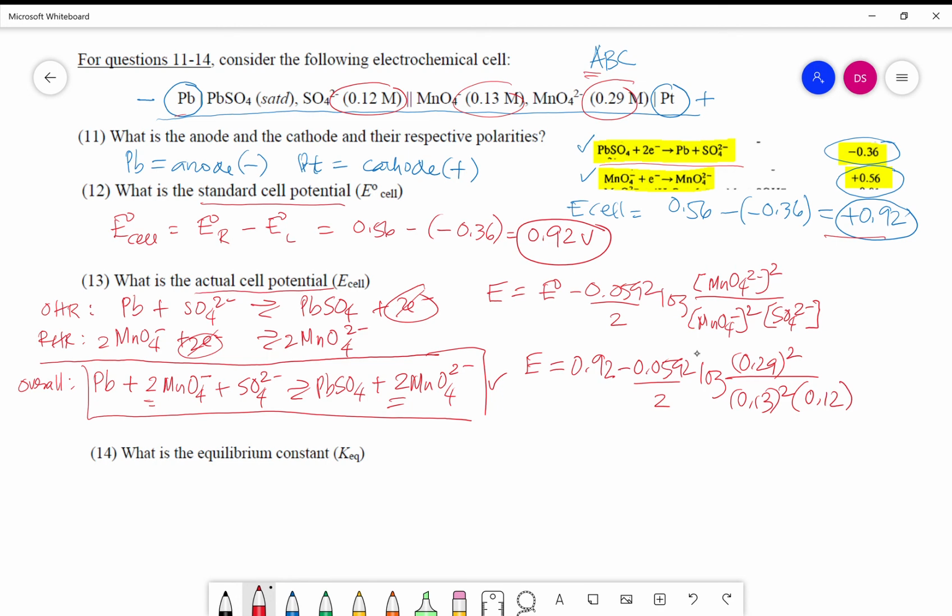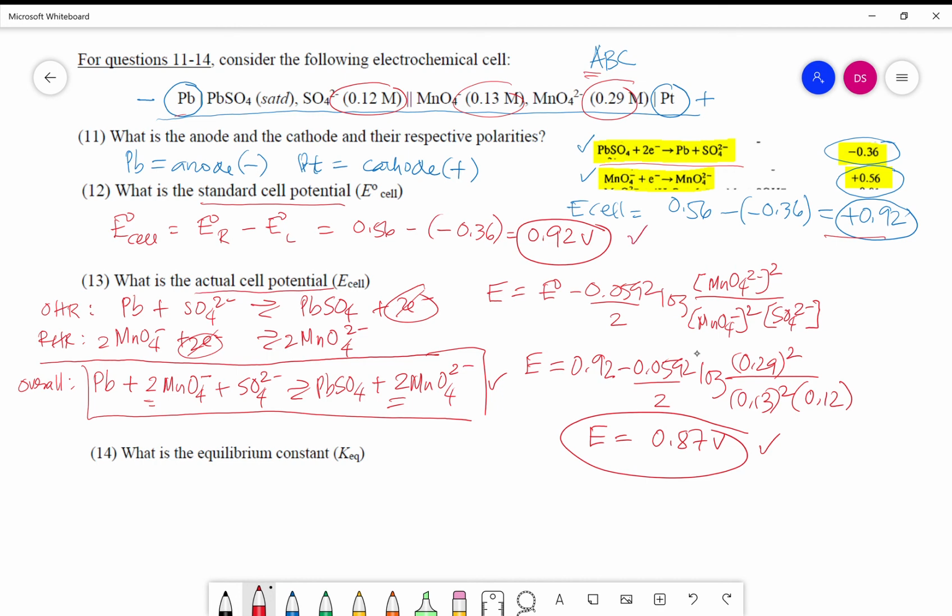If you evaluate this, you get an E value of 0.87 volts. So that is the answer for question 13. So that's the actual cell potential. This is the E naught, and that is the actual cell potential.